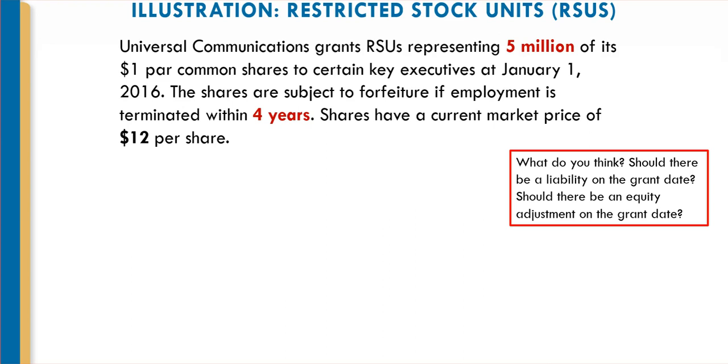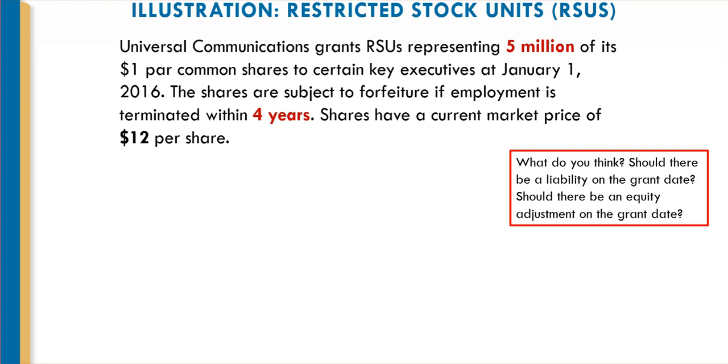They have to keep working for the company, and if they're still there 4 years later, January 1st, 2020, then they will get 5 million shares of stock.